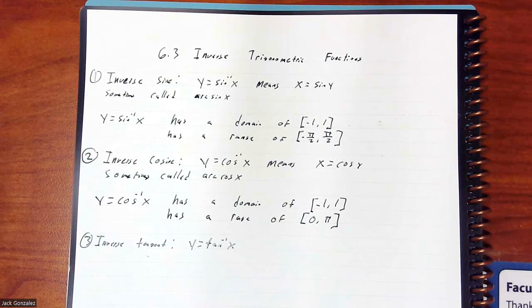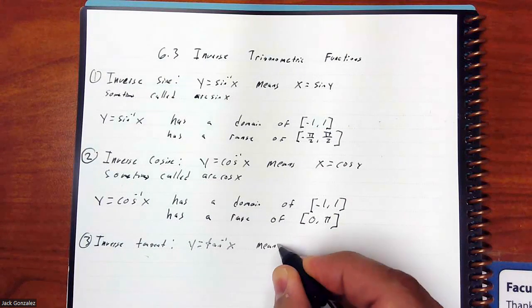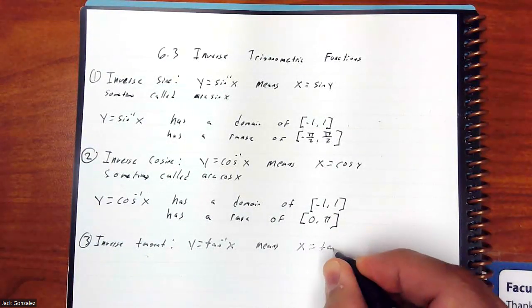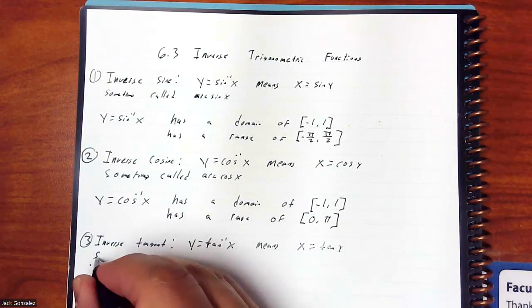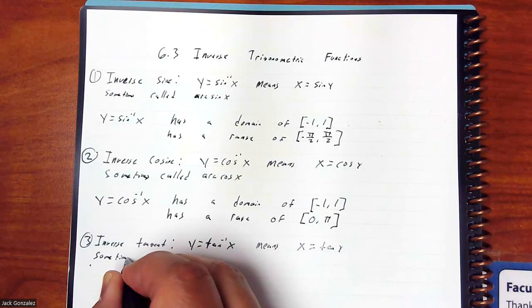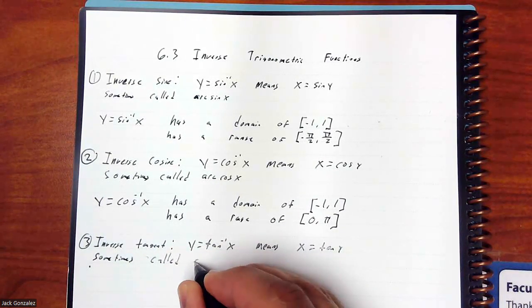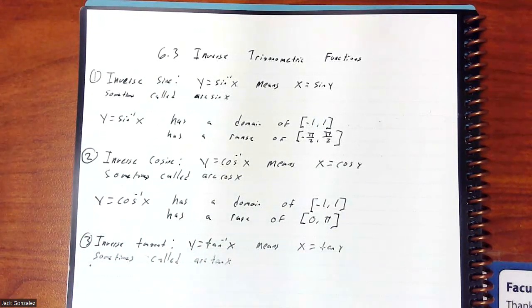So y equals tan inverse x means x is equal to tangent y. Sometimes called arctangent. I don't know if you want to use arc, that's fine. I don't care what you use. Either one is fine.